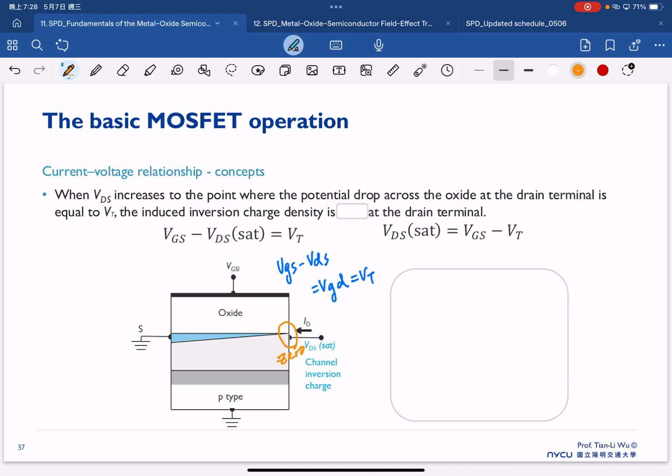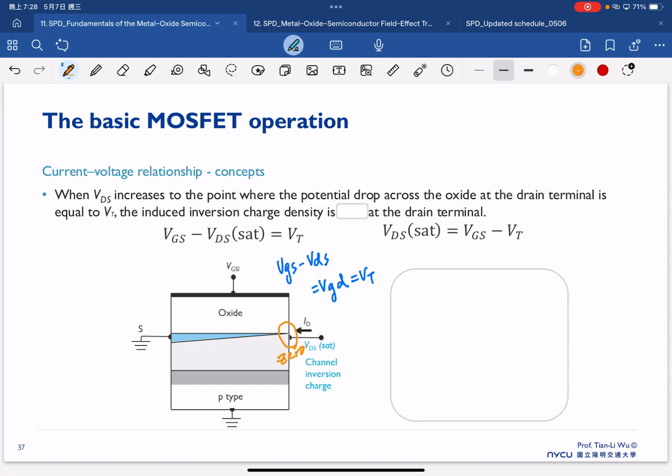So once we increase the VDS, our VGD will continuously decrease to the point that can possibly be below our threshold voltage. Once below our threshold voltage, we don't have any inversion charge on the drain side anymore.